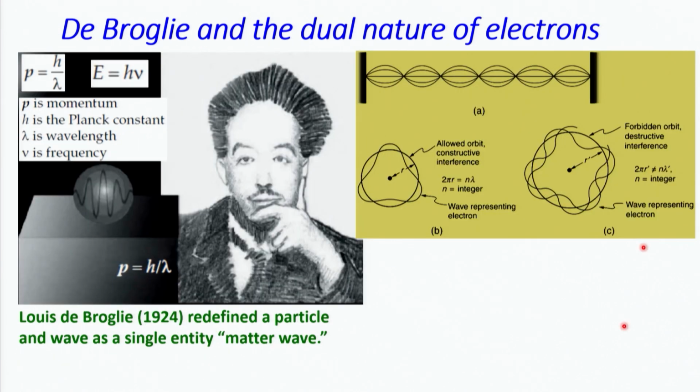The second concept was the dual nature of electrons. That was given by de Broglie, and he redefined particles and waves as a single entity. He said that particles can behave as waves, and waves can also behave as particles. These are the matter waves. He also related wave properties like wavelength to classical mechanics properties like momentum: momentum is inversely proportional to wavelength, and energy is proportional to frequency.